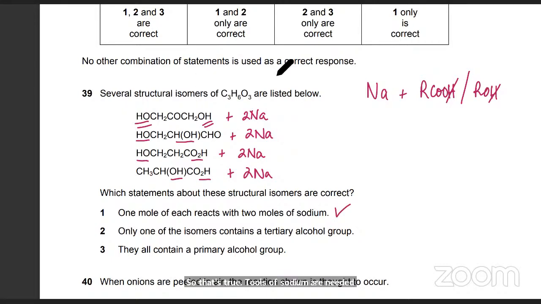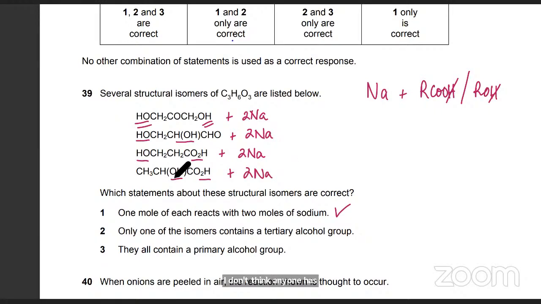Yes, sir. So what about the next one? It's a tertiary alcohol group. Which one has a tertiary alcohol group? I don't think anyone has a tertiary alcohol group.